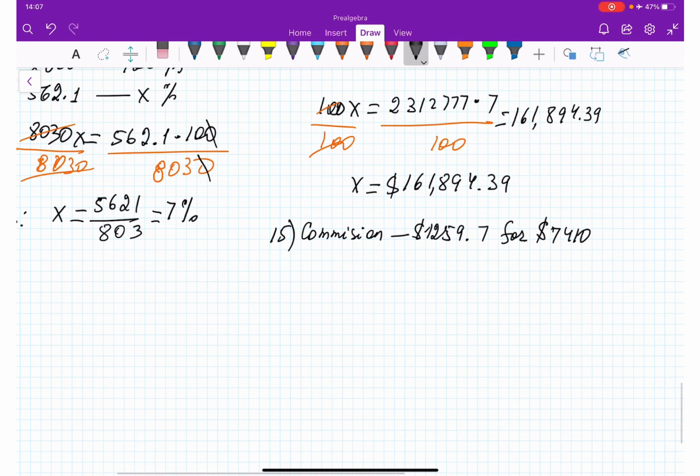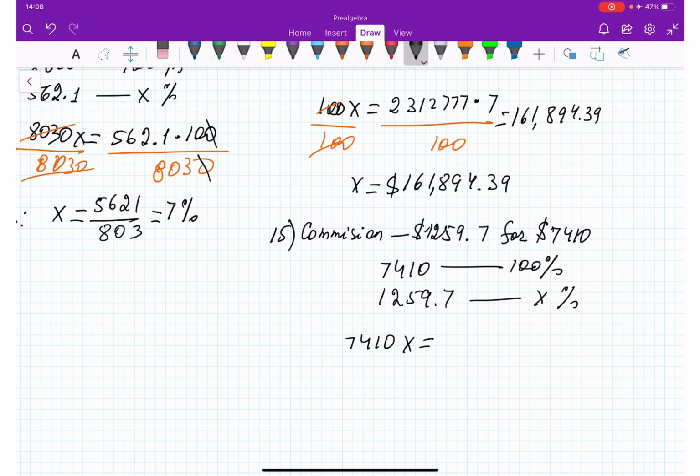So 7410 is 100%. 1259.7 is X%. Again, 7410X is equal to 1259.7 times 100. Multiply by 100 moves the decimal by two positions, right?